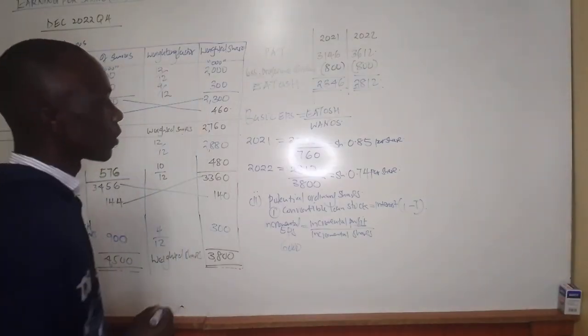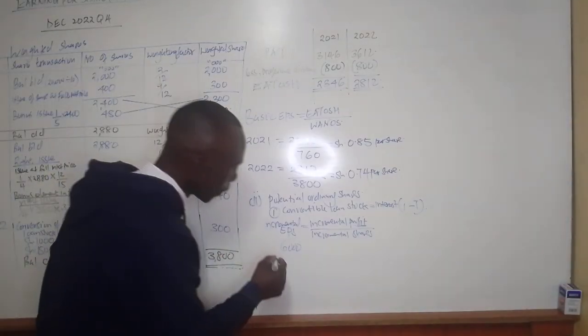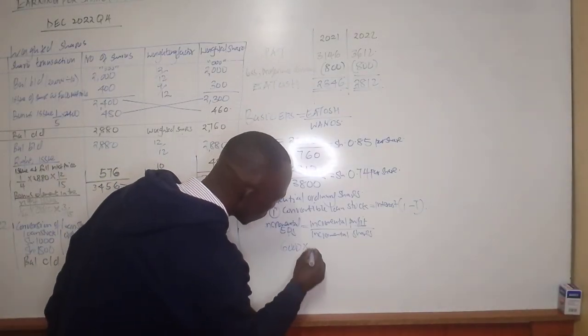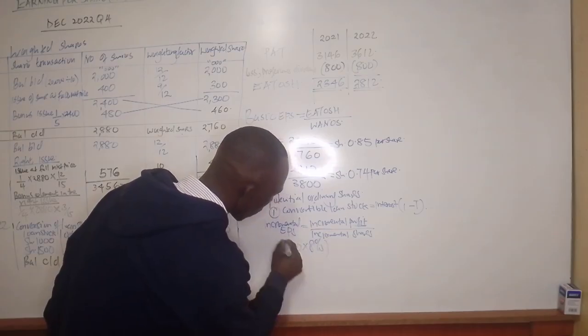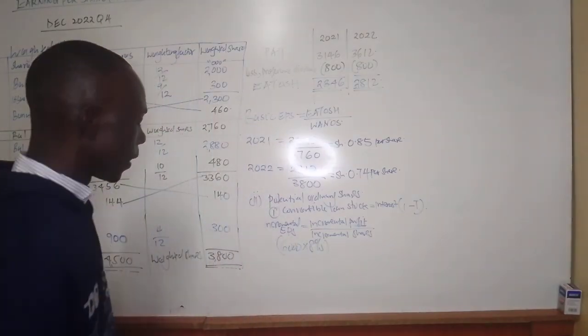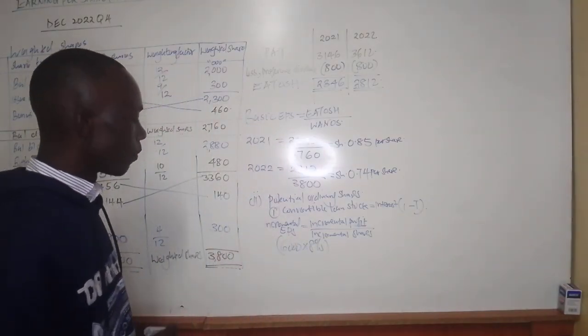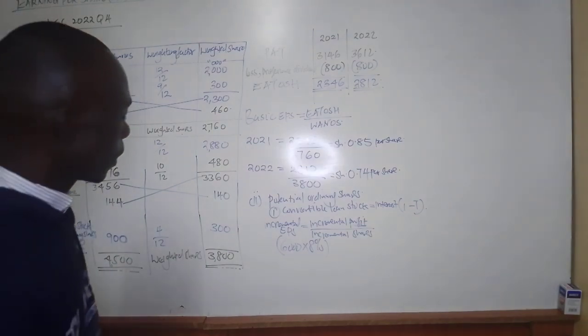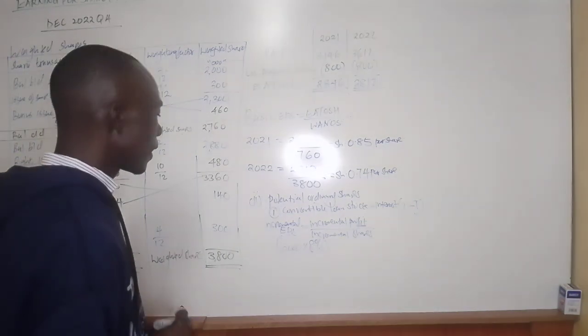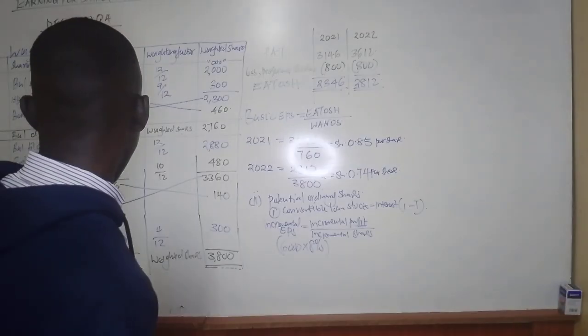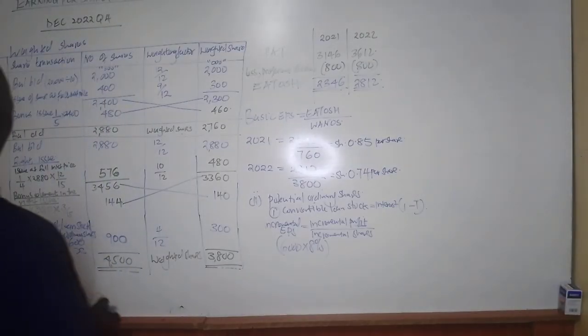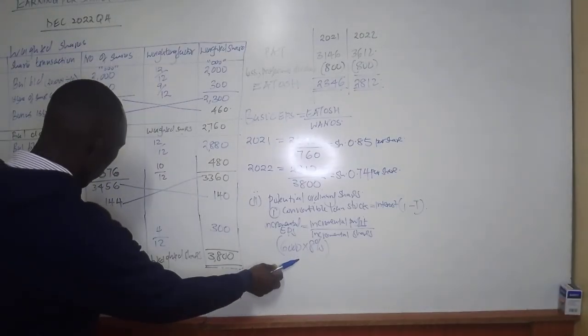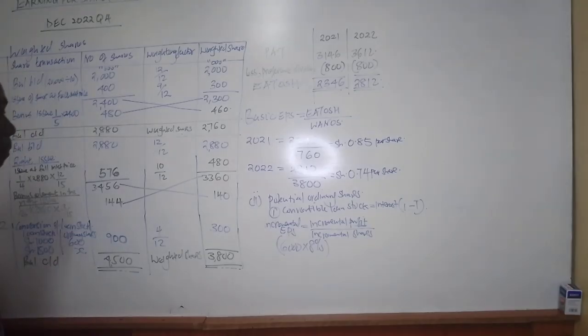Our shillings are in thousands. Then the interest is 8%, and the full amount of 6 million was available for how many months?